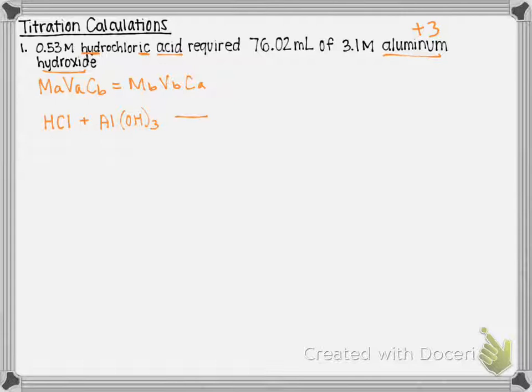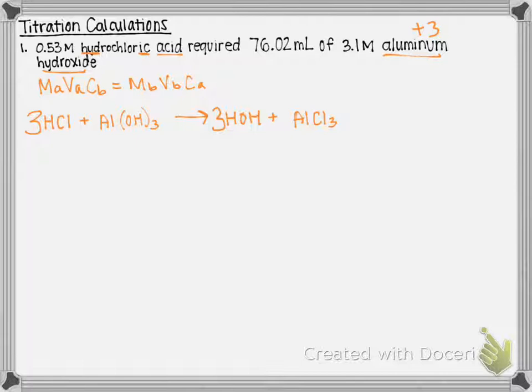Acid plus base always makes salt and water. Your salt will be AlCl3. To balance it, add your coefficients, so you need a 3 and a 3.